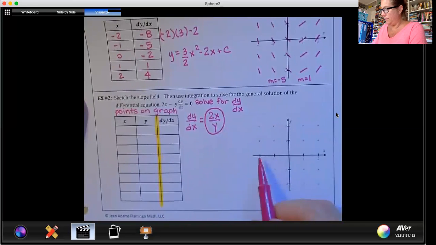So we have the points (-2, 2), (-2, 1), (-2, 0), (-2, -1), and (-2, -2). We can do 0 very easily without filling in our chart.